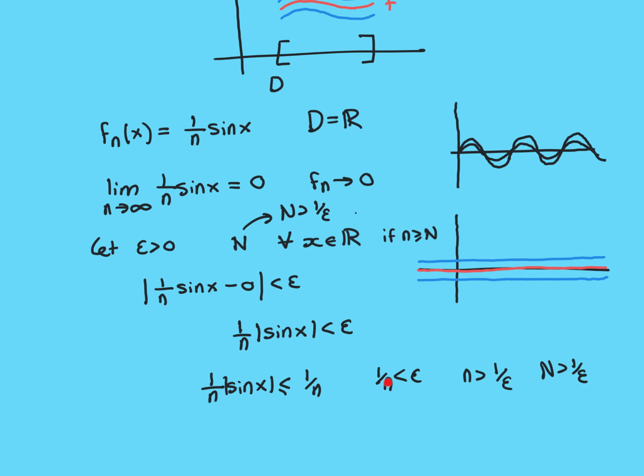And from that, you can get that 1 over n times mod of sine of x for any x a real number is also going to be less than epsilon, because it itself is less than or equal to 1 over n, and 1 over n is less than epsilon. And this is precisely what you need to be true in order for the distance from the function at any real number to the limit to be less than epsilon.